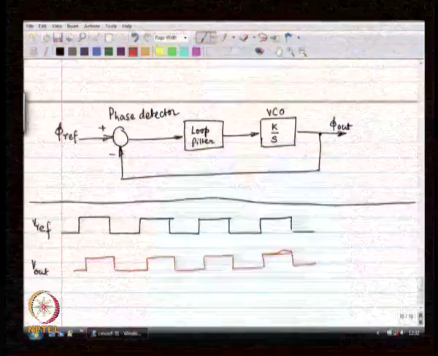And what is the objective? The objective is to find out the phase difference between the two. If phi ref is more than phi out, then you need to give a positive result. If phi out is more than phi ref, you need to give a negative result, right.